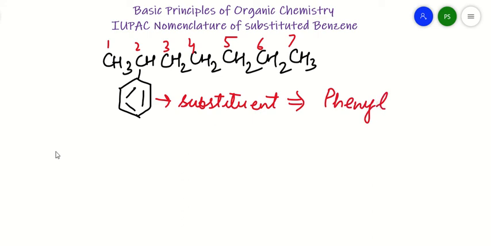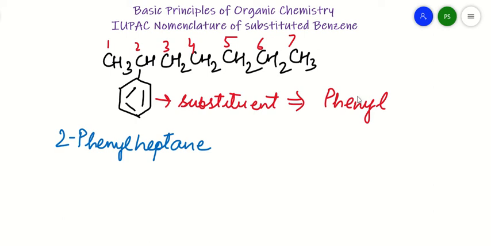So we write that on the second carbon atom phenyl is present, along with the name of the parent chain. So the name of the compound is 2-phenylheptane. This is the name of the compound written on the screen.